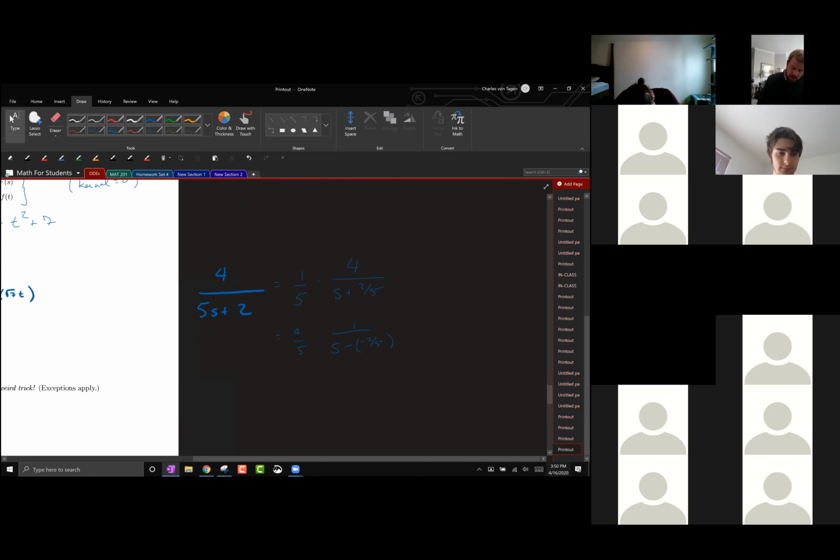And from there, when we take the inverse transform, it's going to bring us back to 4/5, because the constants just come along for the ride, e to the minus 2/5 t.